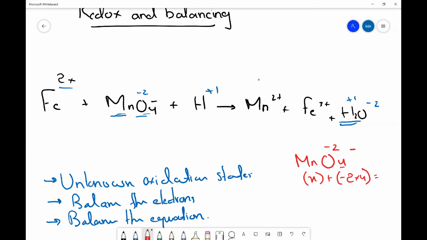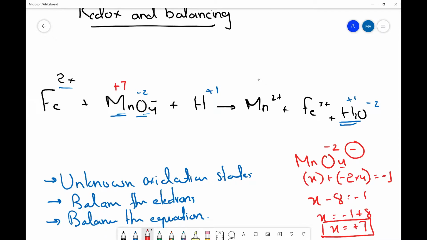All of it is equal to -1, because this negative is the whole charge of the ion. So X minus 8 is equal to -1. X is equal to -1 plus 8, and X is equal to +7. So the oxidation state of Mn is +7. Are you clear with this?